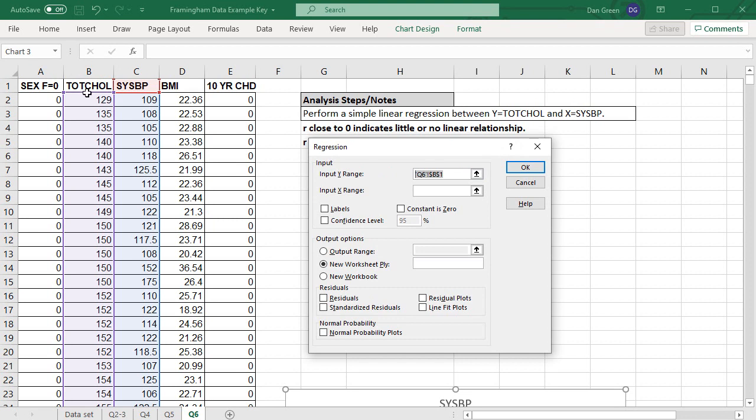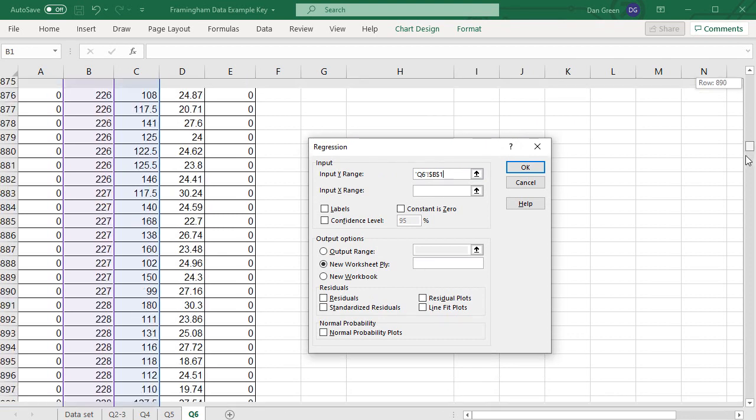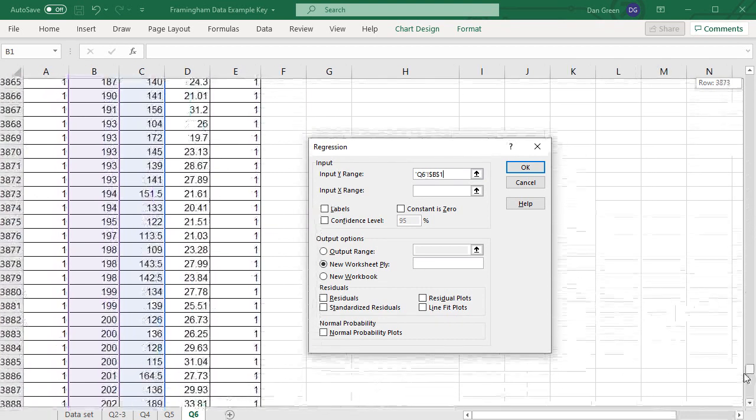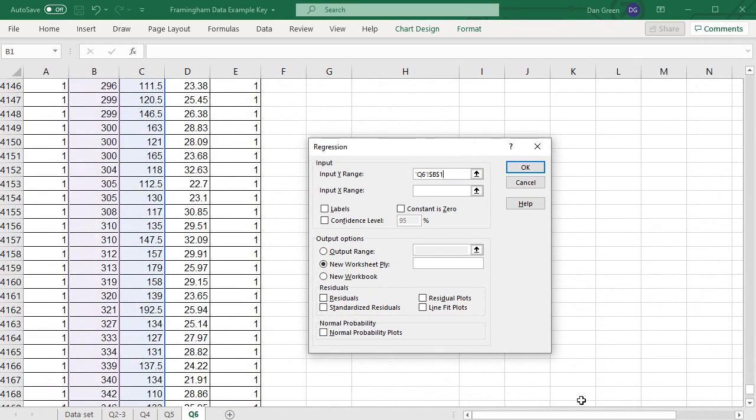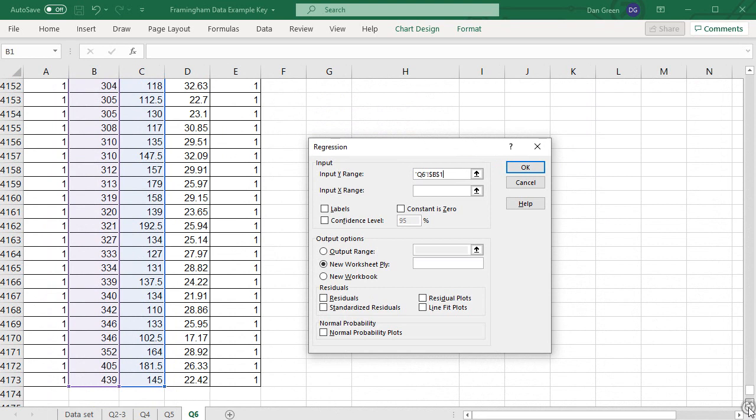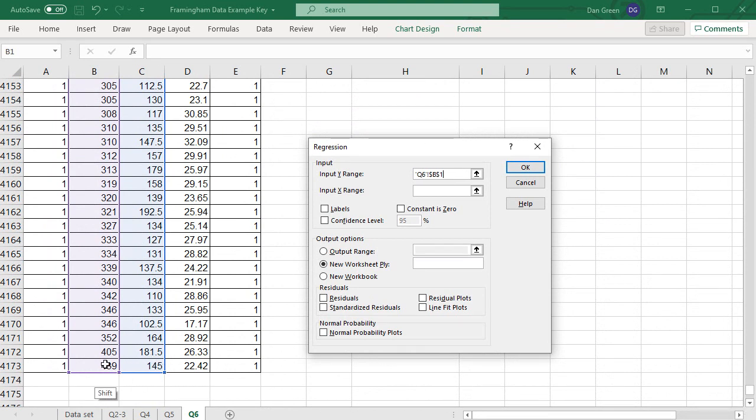So total cholesterol, I'm going to highlight the data label, and I'm going to scroll all the way down to the bottom. Hold the Shift key and hit that last value of 439 in the total cholesterol column. So that's my Y range.